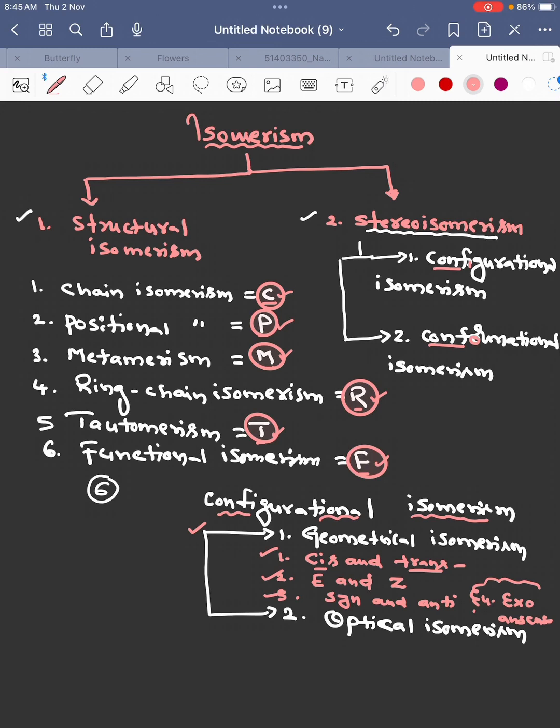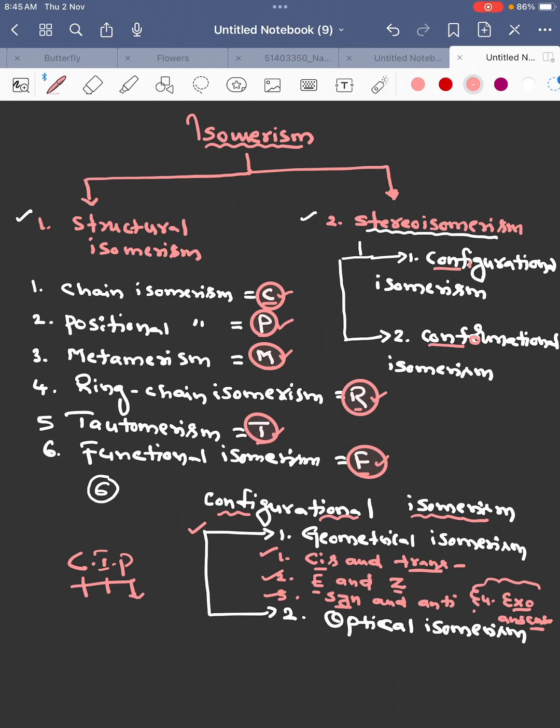E is the analog of trans, and Z is the analog of cis. The E and Z system of nomenclature we read according to the CIP rule, the Cahn-Ingold-Prelog system of nomenclature.